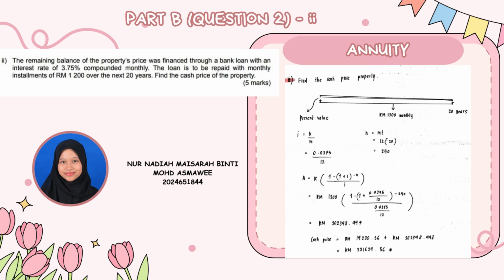So we got 202,398.997. Then for the cash price, 19,230.56 plus 202,398.997 equals 221,629.56.